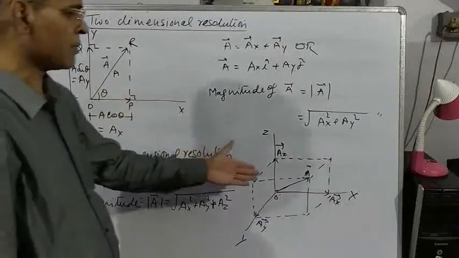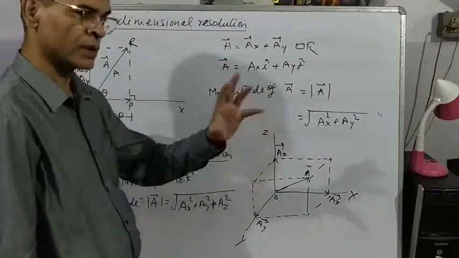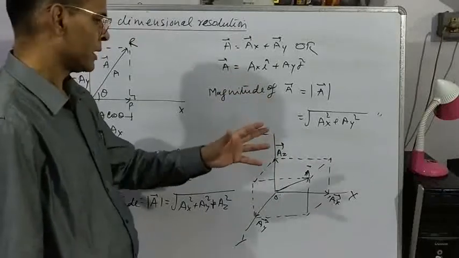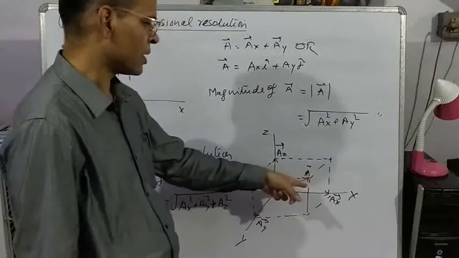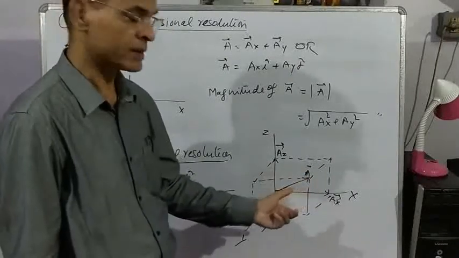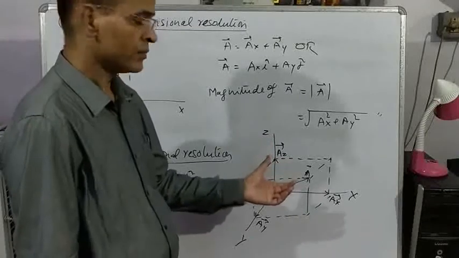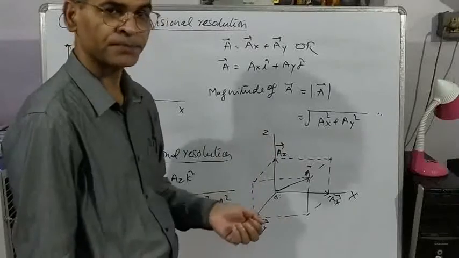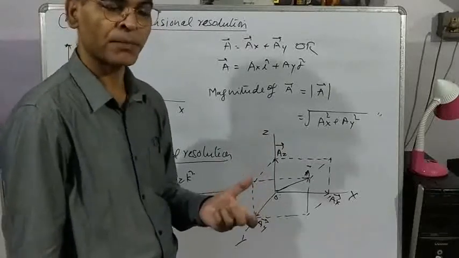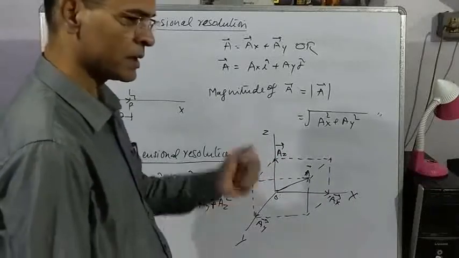Since it is a three-dimensional figure, it may not be very clear from the figure, but you have to think mentally like this. These perpendiculars will give some length on x-axis, on y-axis and on z-axis. These lengths are components of vector A along x-axis, along y-axis and along z-axis.